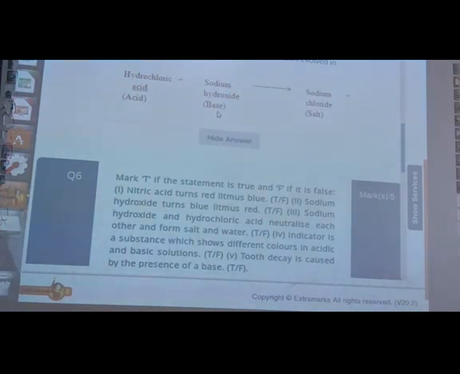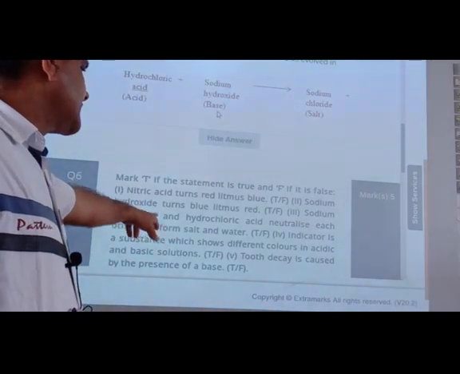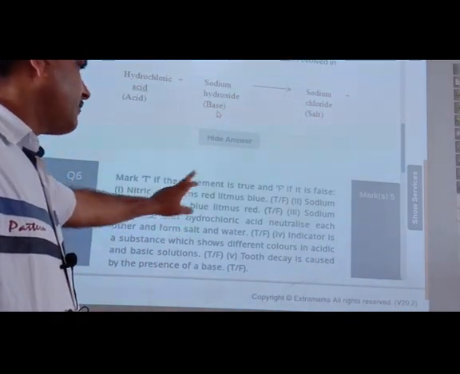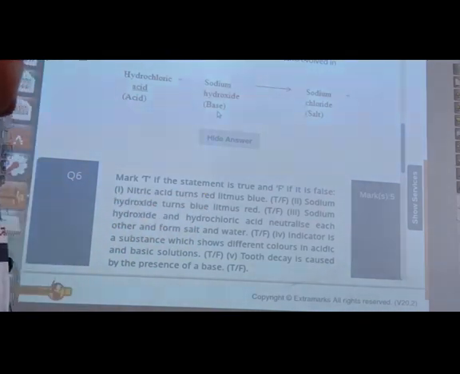Now question number 6, mark T if the statement is true and F if it is false. Already I have solved this question. First one, nitric acid turns red litmus blue, false. Sodium hydroxide turns blue litmus red, false. Sodium hydroxide and hydrochloric acid neutralize each other and form salt and water, true.